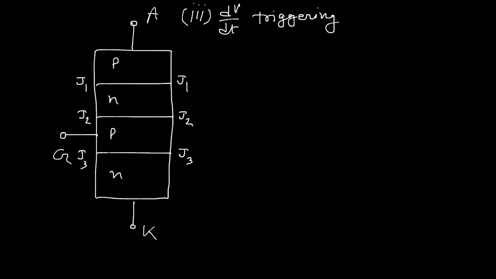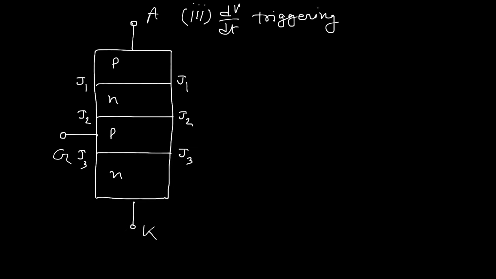That means if we increase the anode voltage gradually, it gives a huge breakover voltage. If we change the anode voltage very fast or suddenly, it gives a very small magnitude of breakover voltage.